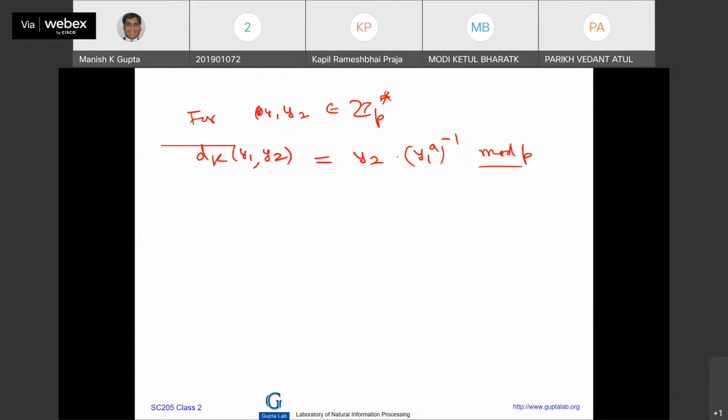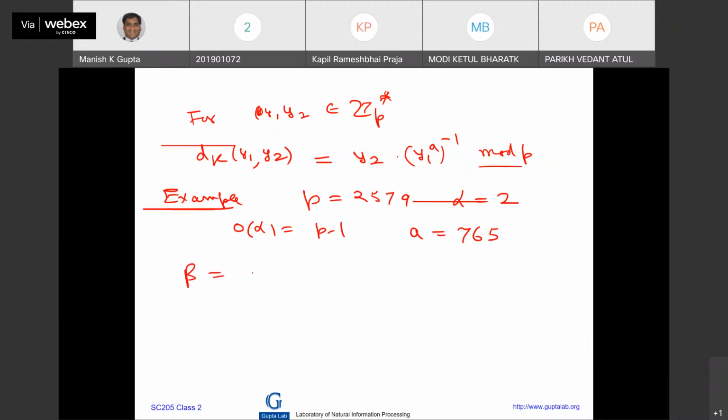So let me take an example. P is 2579, which is prime. Alpha is 2. The order of alpha is p minus 1, so alpha is a primitive element. Suppose a is 765.